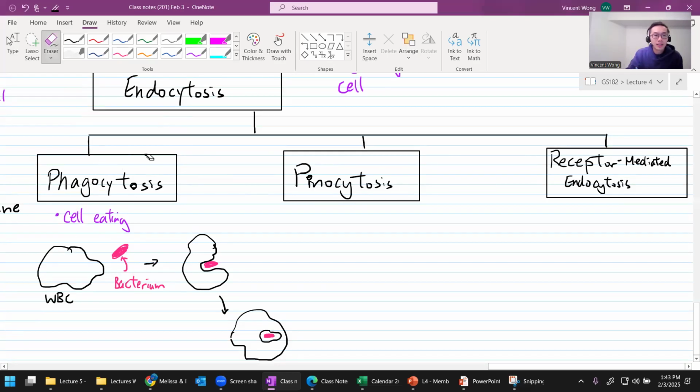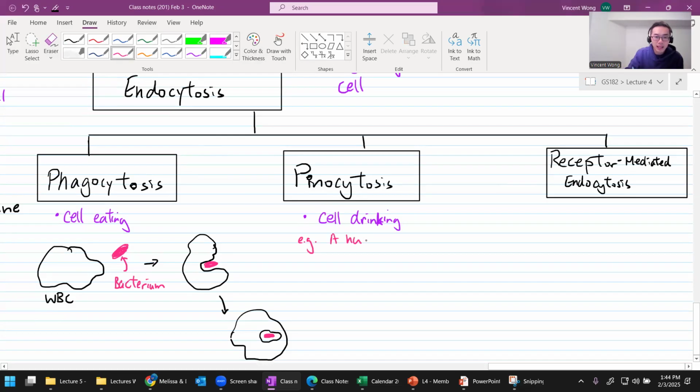Now, if this is cell eating, you can probably guess what this is. If they gotta eat, they gotta drink as well, right? So this is cell drinking. It's what it means. So it's the same thing, but instead of bringing in some solid stuff, it's gonna be bringing in mostly fluid. So I can give you an example.